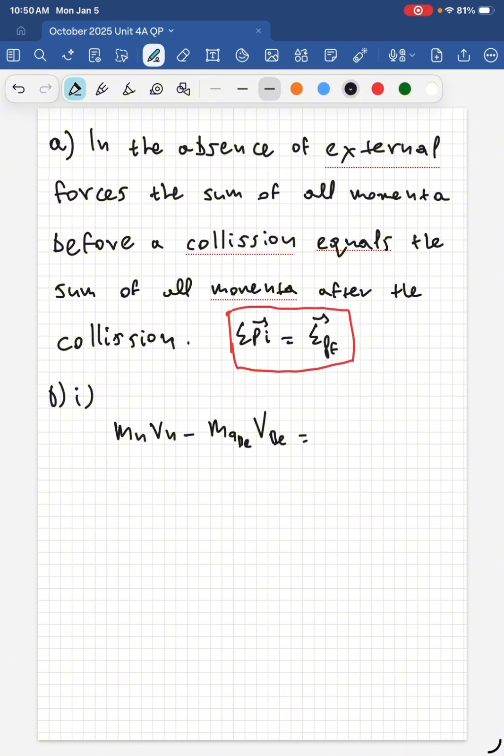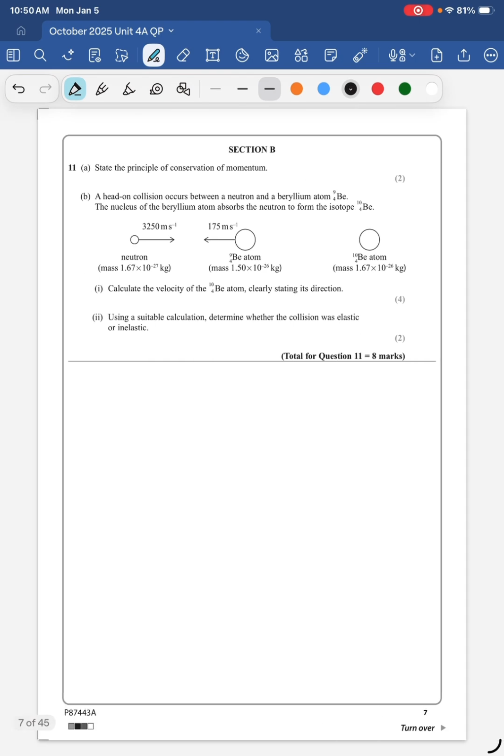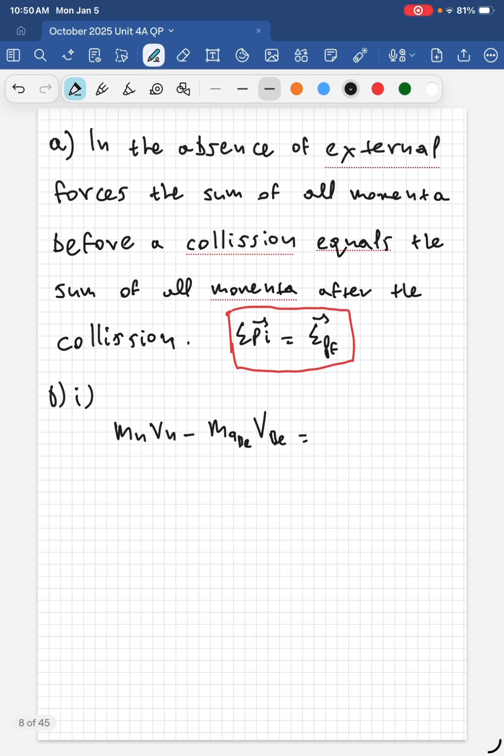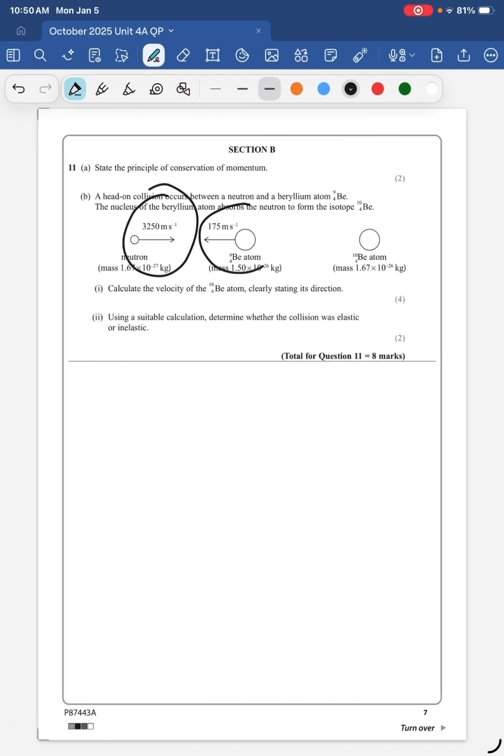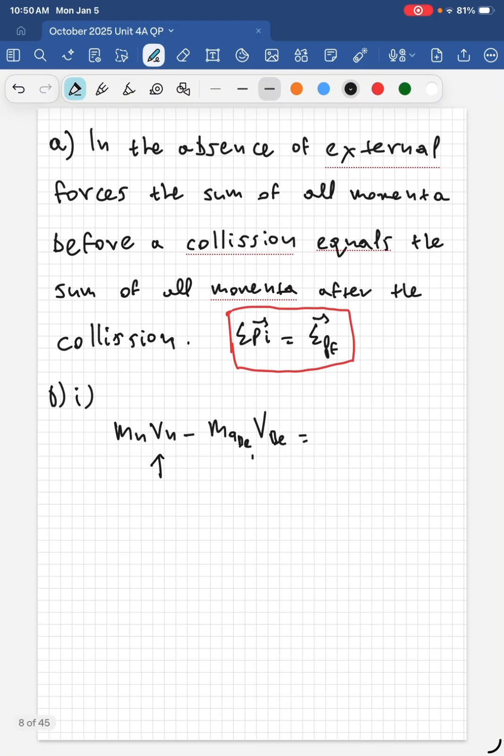This is the sum of all momenta before, as you can see in the picture. This one goes to the right and we take it as positive, and this one goes to the left and we take it as negative.